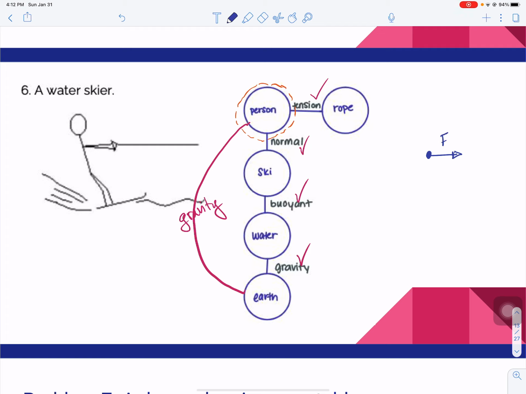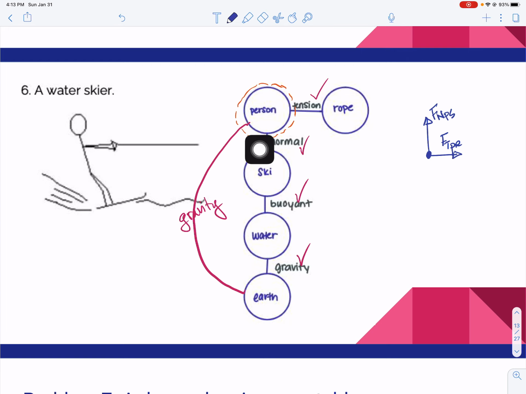So force of tension on the person by the rope. And then you would have the normal force, so force normal on the person by the ski. And there would be no interaction with the earth. There would be no weight. And so the person would actually be flying out of the water in this direction, or that would be their change of motion. And so that's why you need to connect.